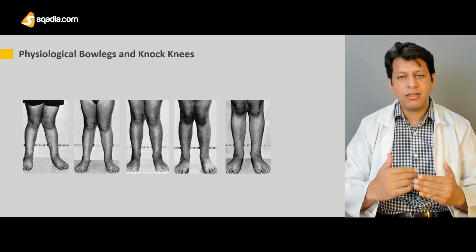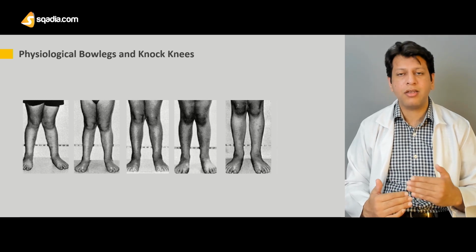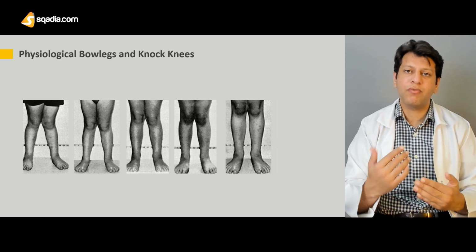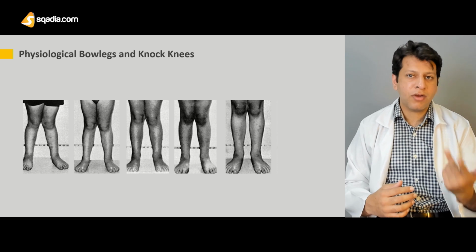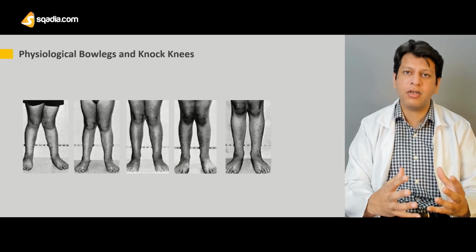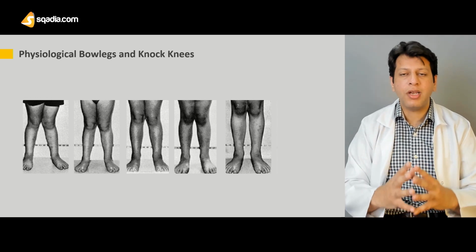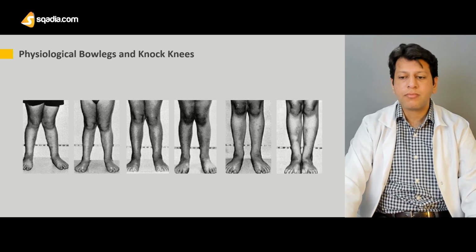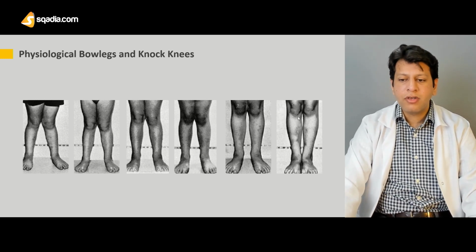If it's bilateral, there are different causes of bilateral, and if it's unilateral, then you have to dig further into whether it's trauma, physical damage, what actually has happened to that knee which has resulted in unilateral genu valgum. Or the patient can have a normal posture like this, in which you do not appreciate any knock knees.